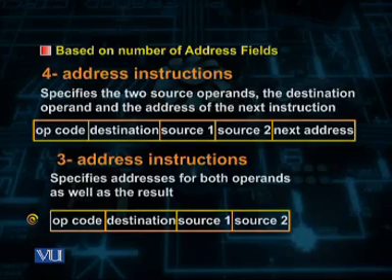So this means that in this particular case, the address of the next instruction is not defined along with the instruction word. Rather, it is assumed that a separate arrangement is made and the program counter is updated automatically to define the address of the next instruction word.